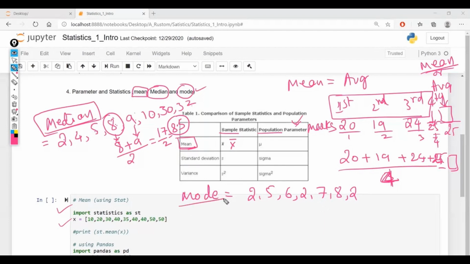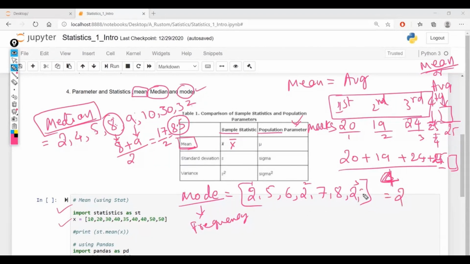It is basically a frequency. So which number is occurring more number of times? 2 is occurring more number of times: 1 time, 2 times, and 3 times. So the mode is basically 2.